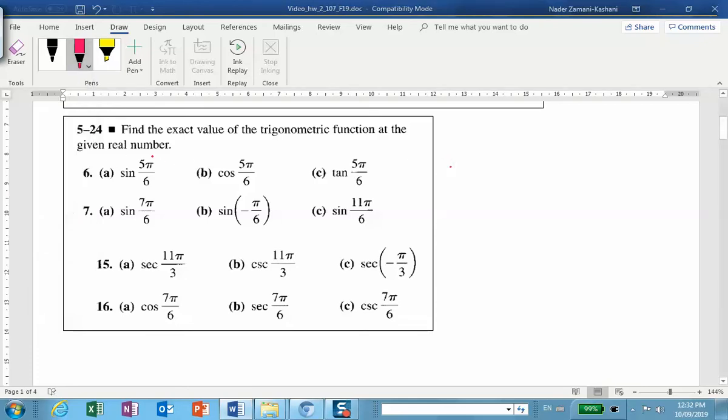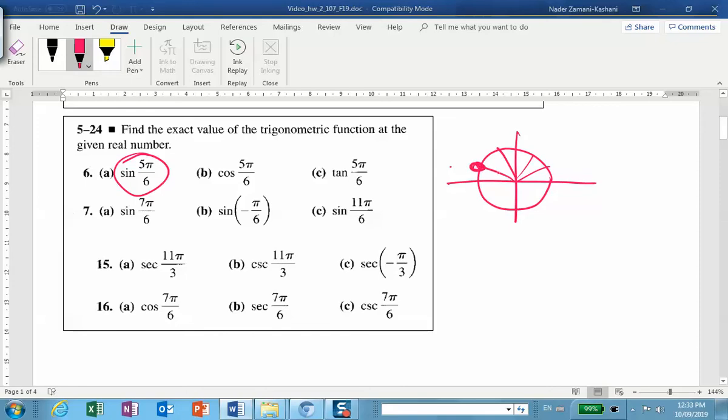So let's start with sine of 5 pi over 6, okay? Now, first of all, let's find out where 5 pi over 6 is. So 5 pi over 6 is right here. If you think about it, the 5 slices of pi over 6, we put it right there, okay?